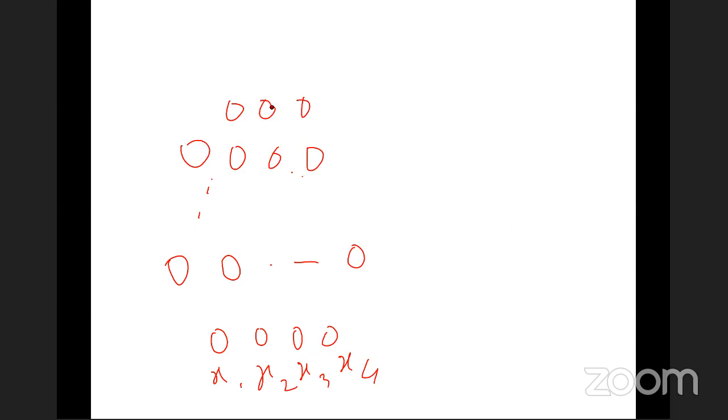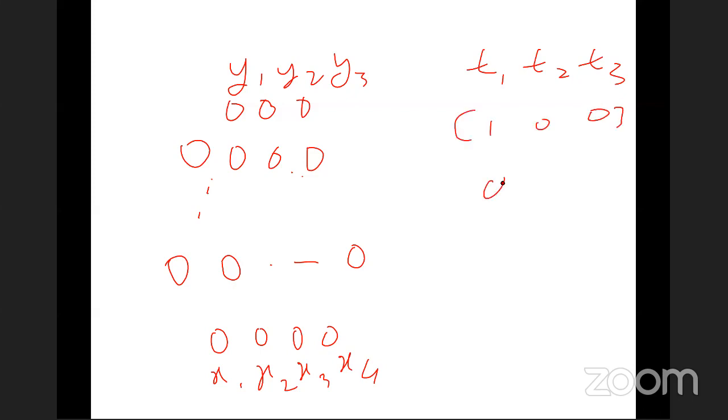After the output, let's say this is your probability mass function for three classes. So you have y1, y2, and y3. Now you have a target variable, a target vector t1, t2, and t3, and this is one-hot encoded. So let's say it is 100, or 010, or 001.